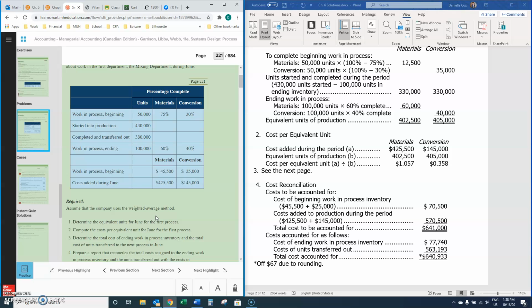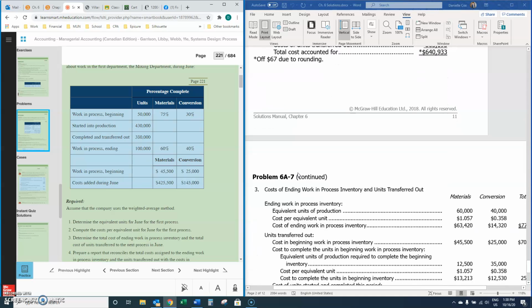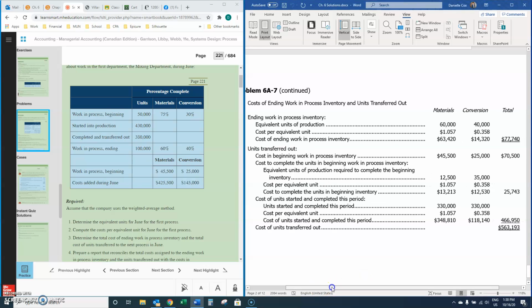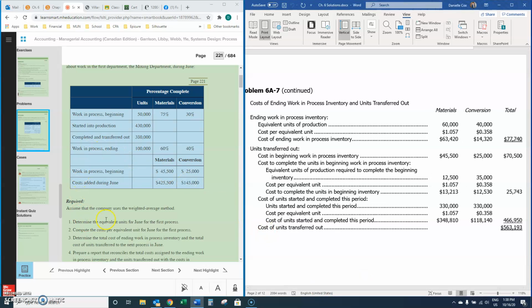Determine the total cost of ending work in process and total cost of units transferred to the next period. So we have to see the next page. Let me slide it over a little bit. Okay, so we start off with ending work in process inventory.